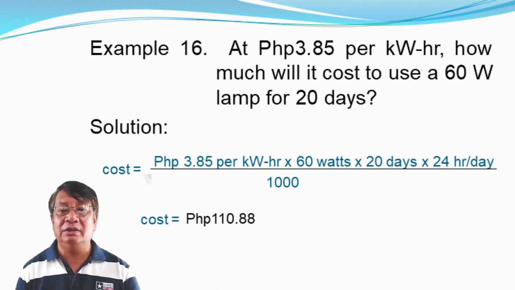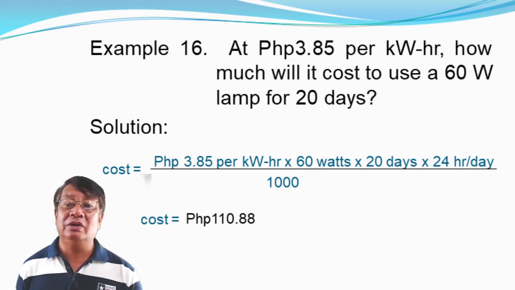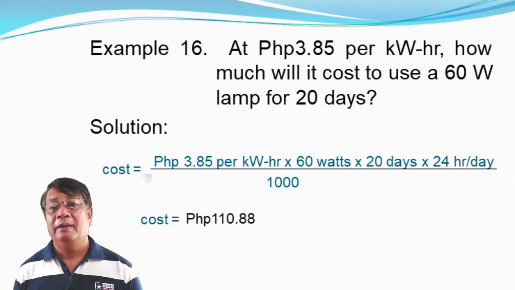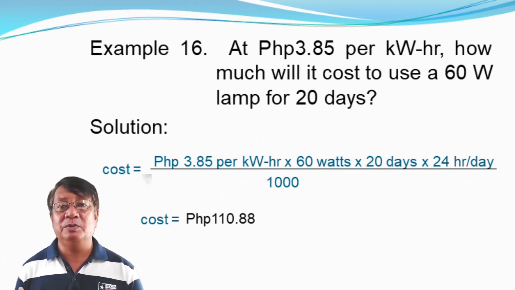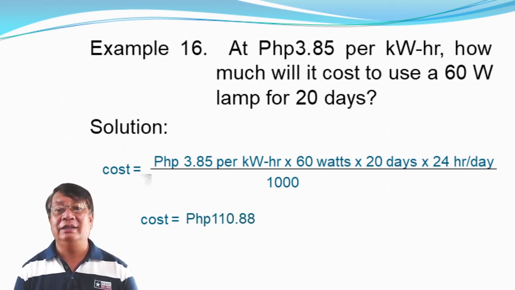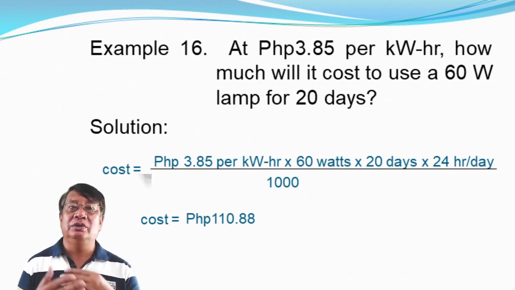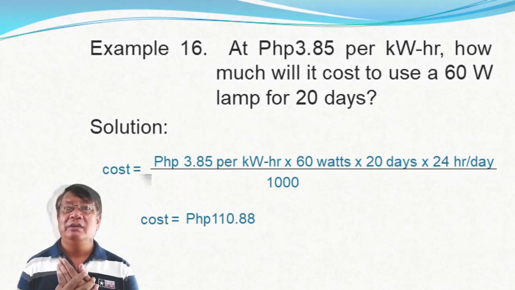Using your calculator, for a 20-day operation of a 60 watt lamp at 3.85 pesos per kilowatt hour, it will cost 110.88 pesos of electrical energy. That is how you compute the cost of energy.